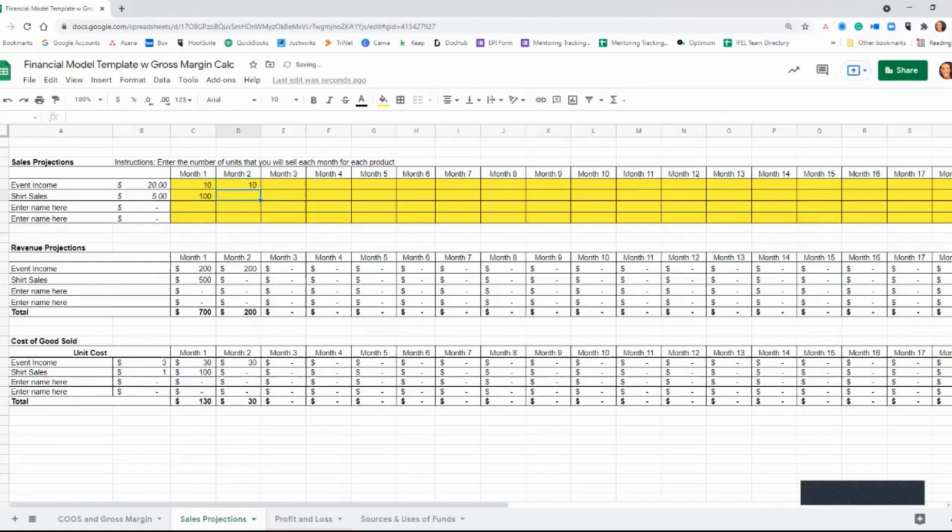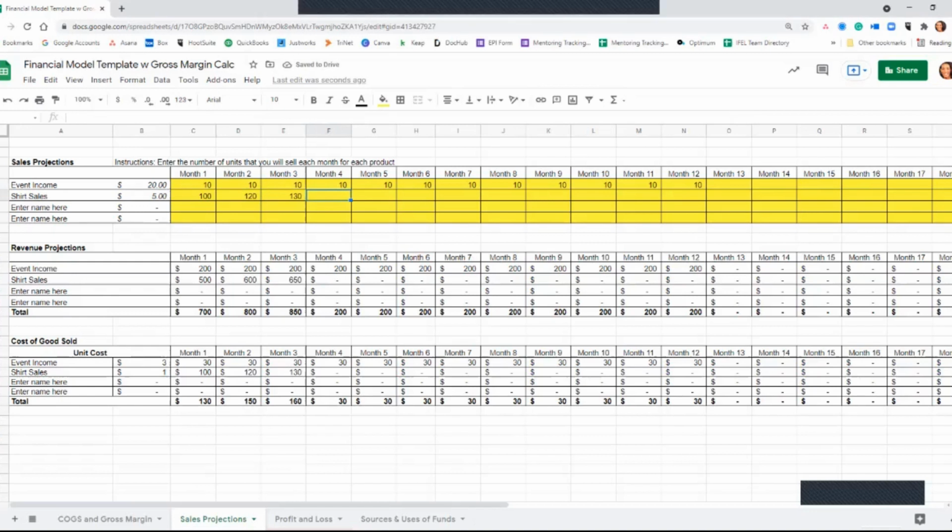So maybe it's 10 all the way across for the first year. And maybe here this is increasing or so. So 120, 130, you get the point. So you see that those numbers are automatically calculating here, both the revenue projections and the unit costs here.